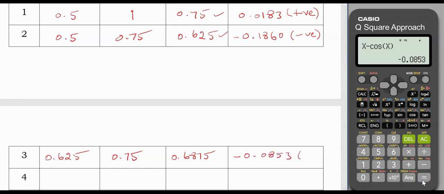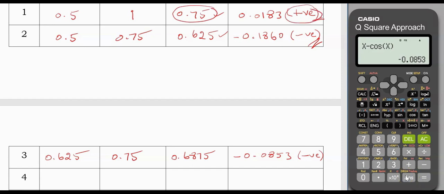This is negative. We know the root lies between one positive and one negative value, but the previous value is also negative, so we go back to the positive value. We have 0.75 as the corresponding positive value.